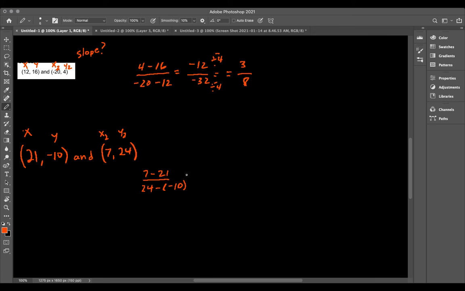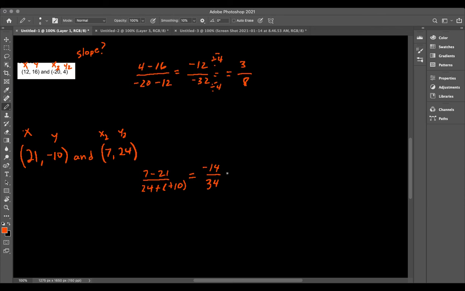I always do X2 over Y2 first because it's just the way I remember. So 7 minus 21 is negative 14. And then we have 24 minus negative 10. A negative and a negative turns to positive, and so that value becomes 34.